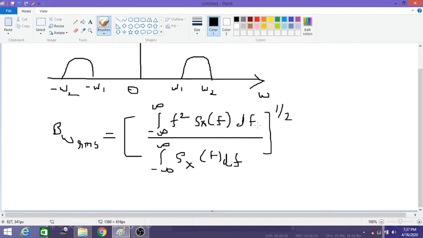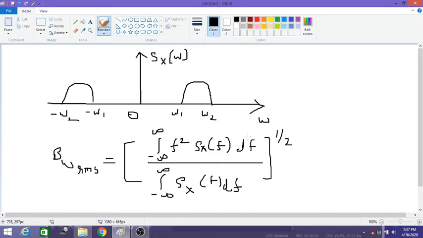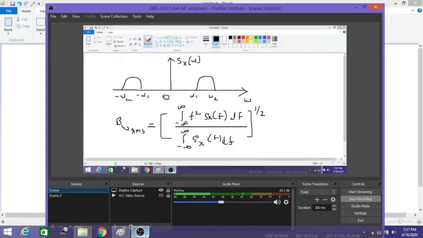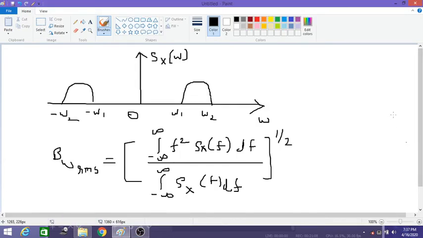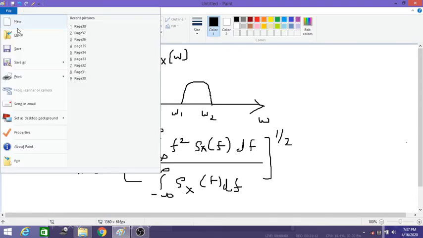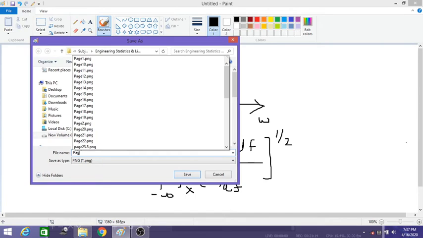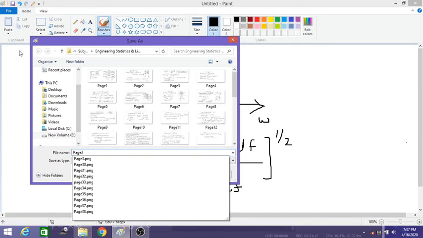Before looking into an example, let us look into the Fourier transform pairs of an autocorrelation function with our power spectral density. Let me save this page again, page 39.